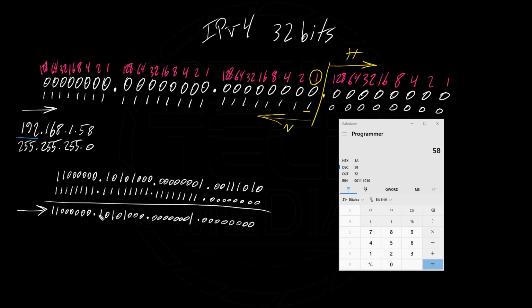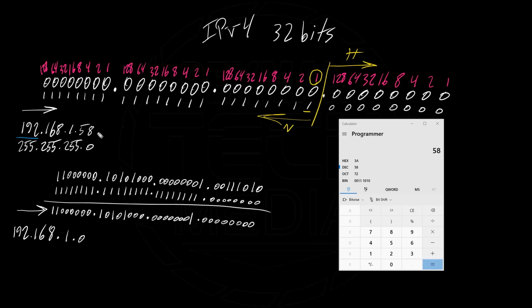So when we convert this to decimal, this one is 192, this one is 168, this one is 1, this one is 0. So this is the network address for this IP address.